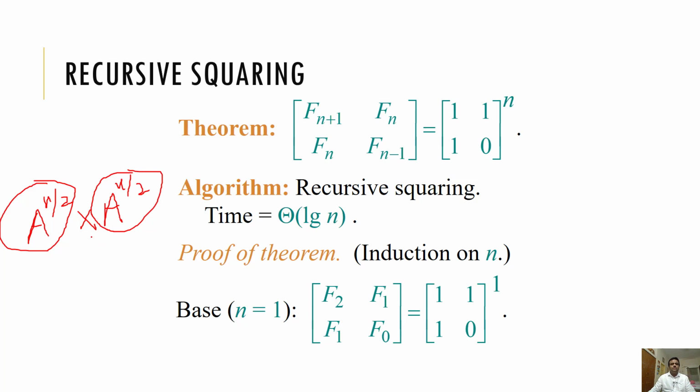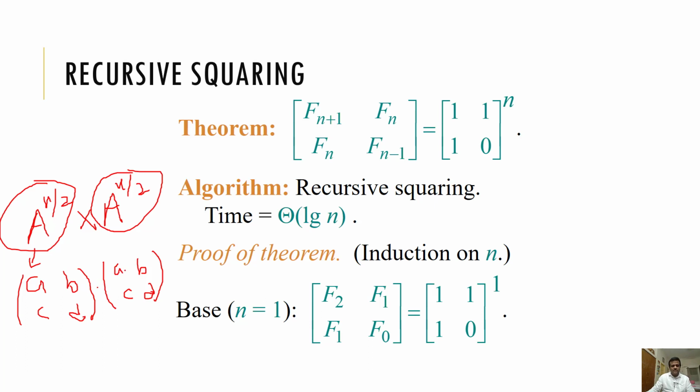The combine step is also eventually a 2 by 2 matrix, say a, b, c, d, these are some integers, and then we have again a, b, c, d, the same matrix. So, we have to multiply these two matrices.